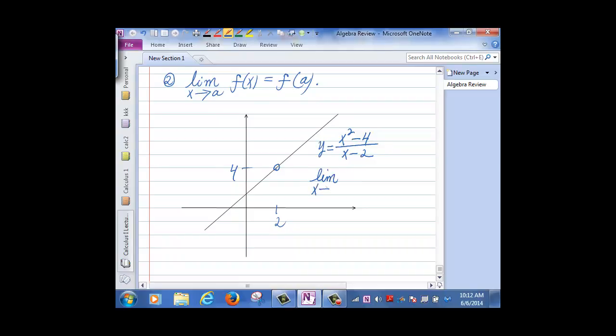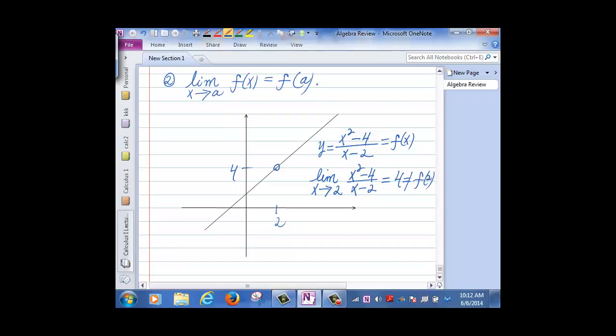Okay? So the limit at 2 for this function, and let me call this function f of x, is equal to 4, which is not the same as f of 2.